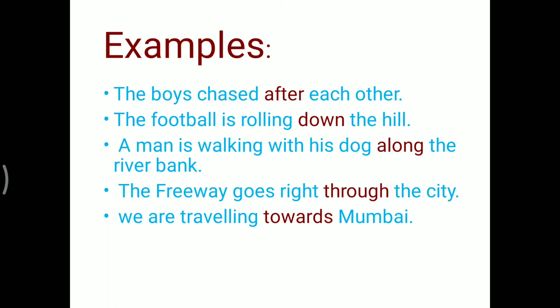The football is rolling down the hill. A man is walking with his dog along the river bank. The freeway goes right through the city. We are traveling towards Mumbai. In those sentences, after, down, along, through, towards are the prepositions which indicate direction.